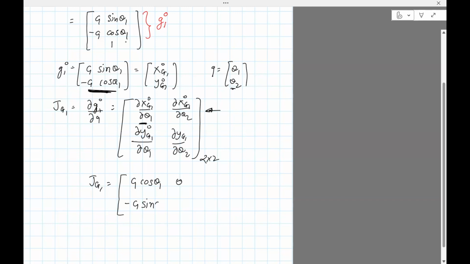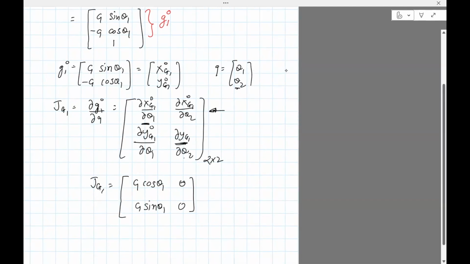The derivative of cosine is sine, and with the negative sign, it becomes plus. The derivative of yg1 with respect to theta 2 is 0.